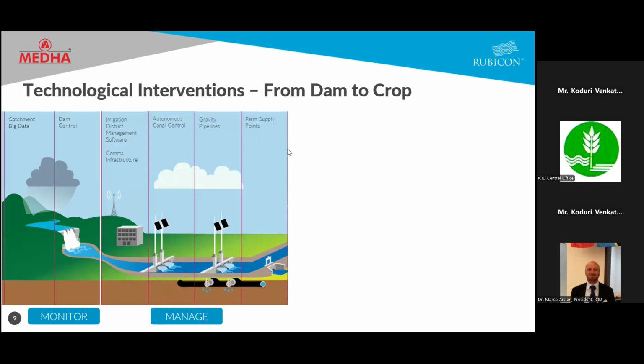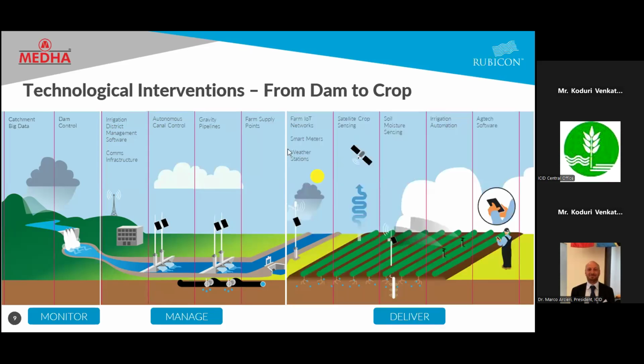Once the water is released from the dam, it has to be distributed efficiently within the district of water resources, so that each and every beneficiary is getting his equitable share of water. Finally, last but not the least, which is a major part of it, is to deliver the water to the stakeholders or the end users.